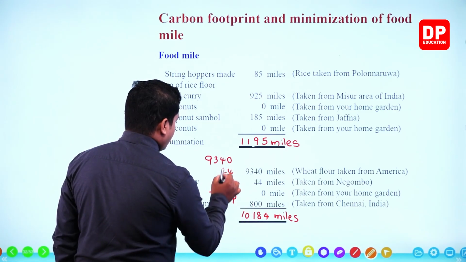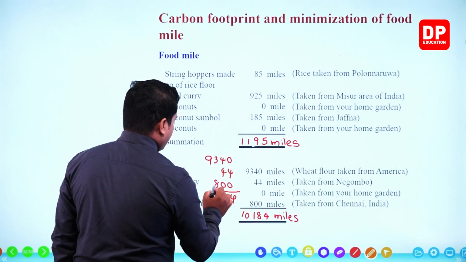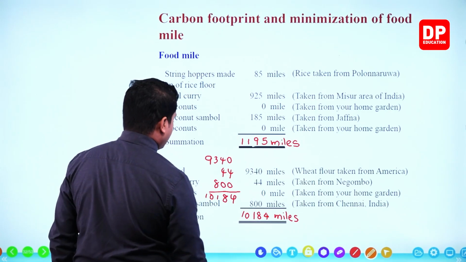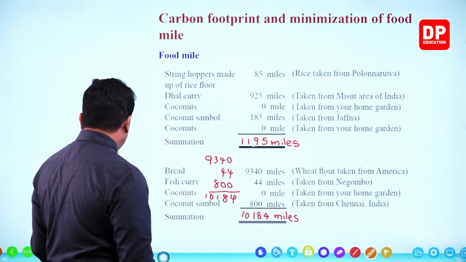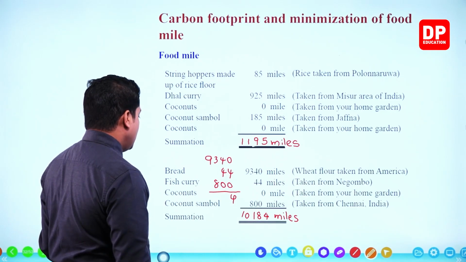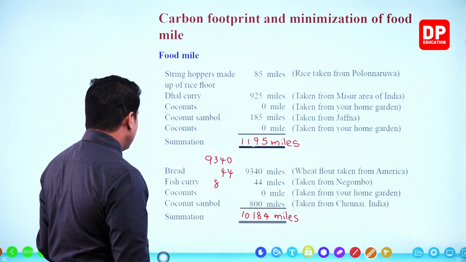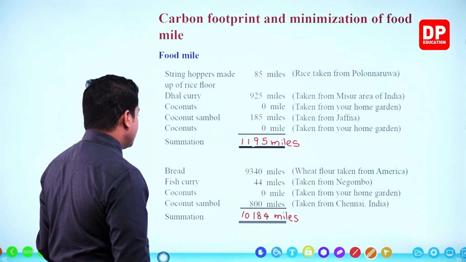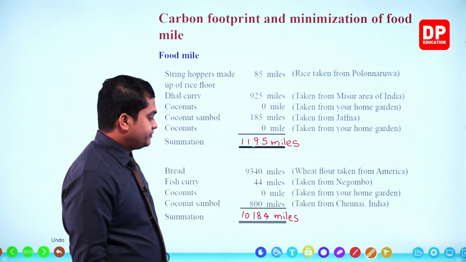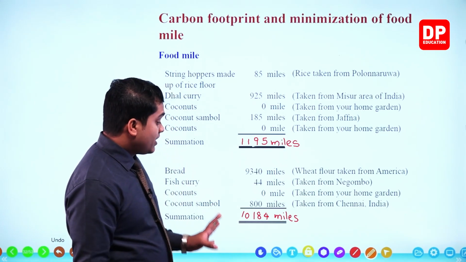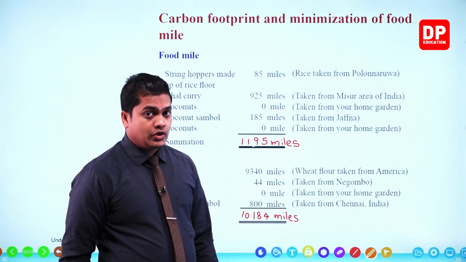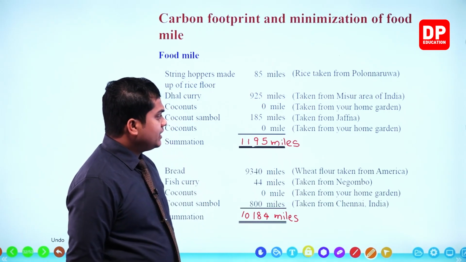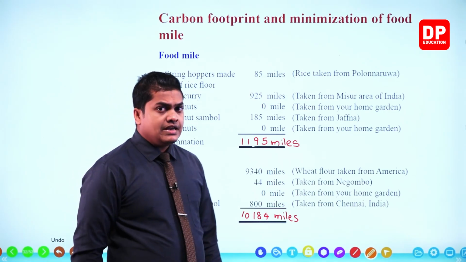Here 4, here 8, here 11, 1 is going to the other side, and here 10. Here's 10,184, so our answer is correct. So the final meal has traveled 10,184 miles from producer to the consumer.